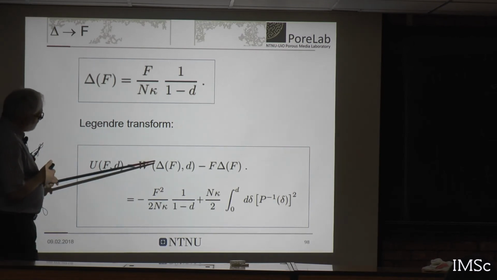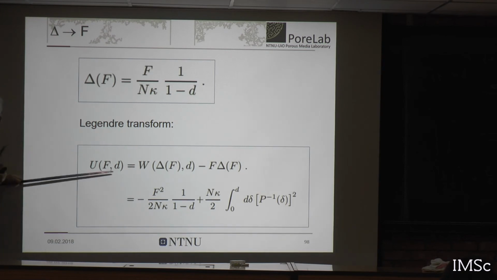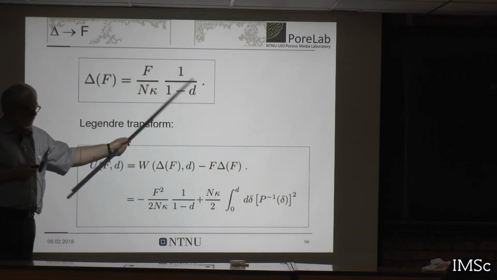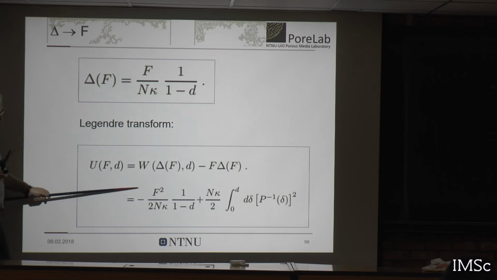And then I do a Legendre transform, u of f and d. So that is w of delta of f and d minus f times delta of f. I plug this in, and I have this expression here.